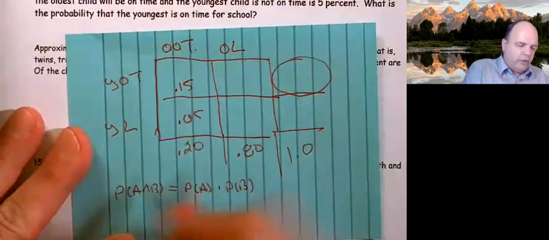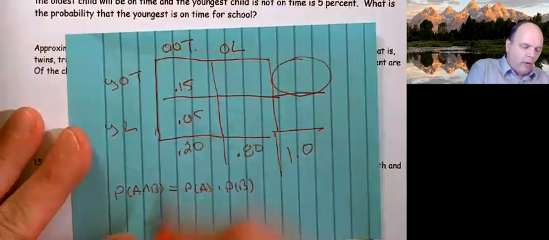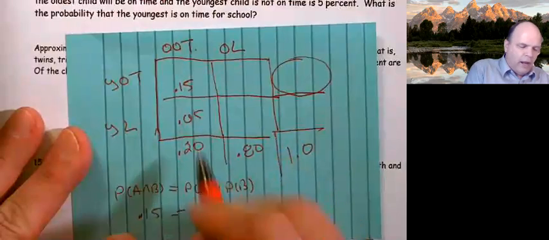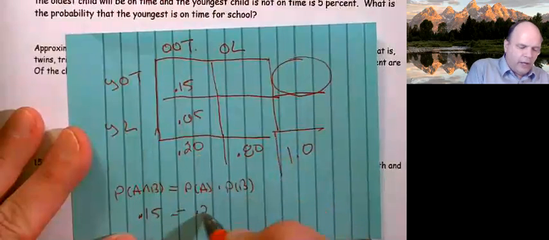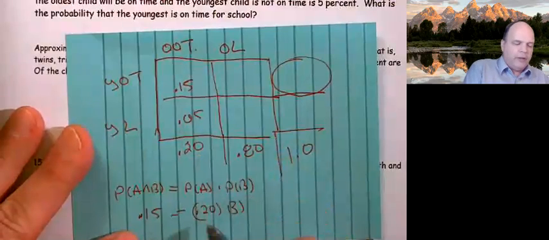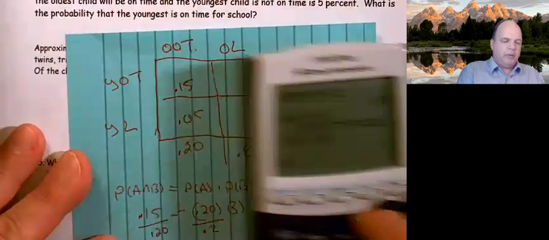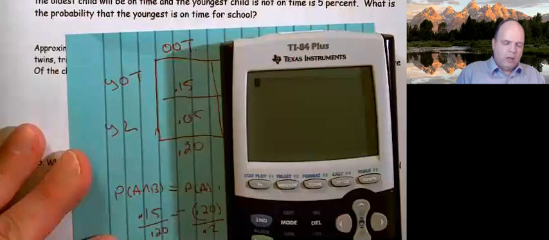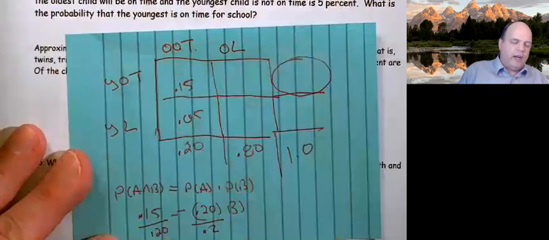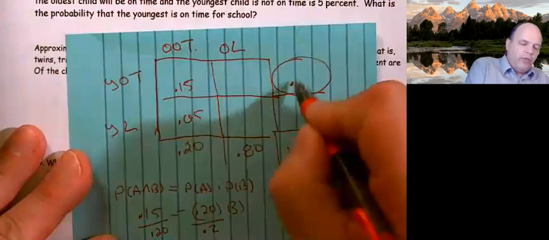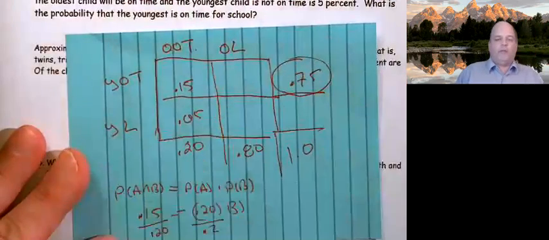I have the intersection, this 0.15, equals, I have A, the older child's on time 20% of the time, but I don't have B. Divide both sides by 0.2, and let's see what happens. 0.15 divided by 0.2 is 0.75. So this number is 0.75.